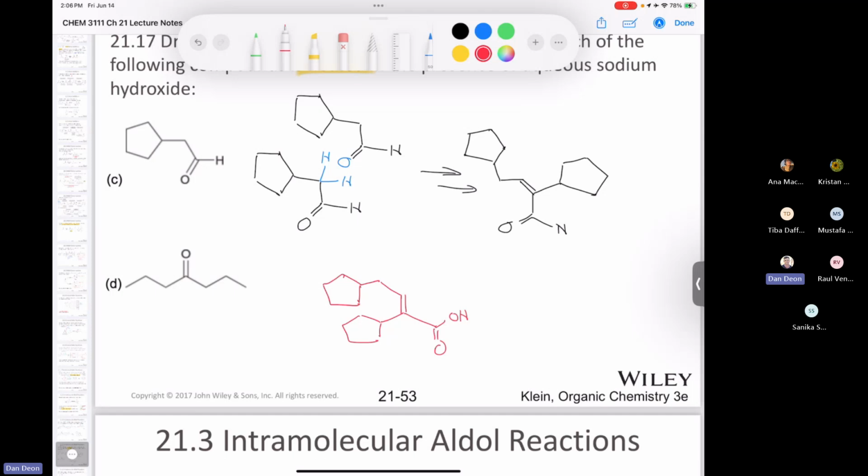It's the same thing. It's totally fine. The difference here is that this is the Z compound, and this one I drew is the E compound. But I wouldn't pick on you about that right now. I would just say that the least sterically hindered one is probably going to be favored. That's all. But both of them would be fine to draw.